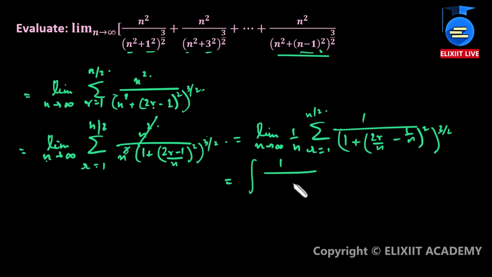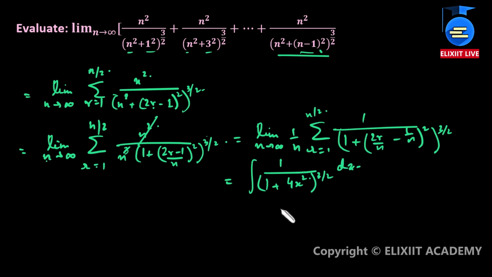This is 1 upon 1 plus 2x whole square, that's 4x square, whole to the power 3 by 2 dx.